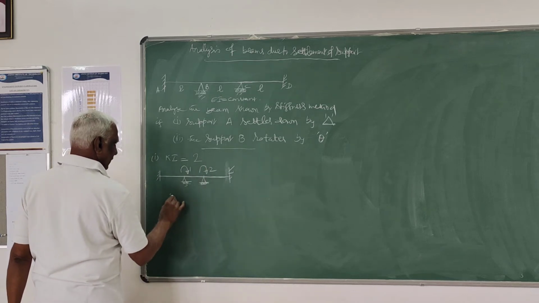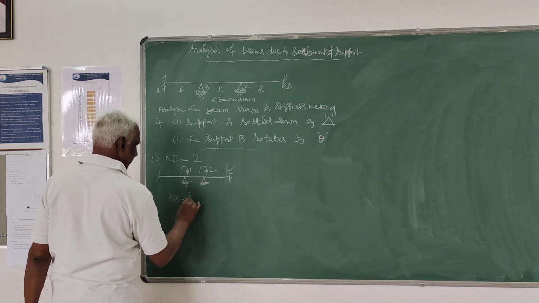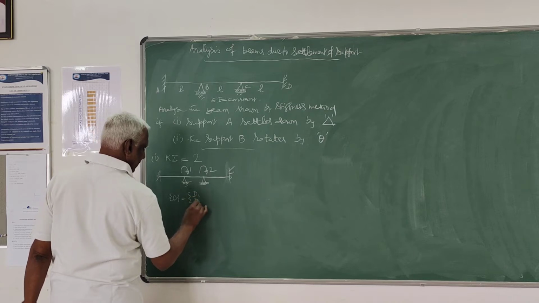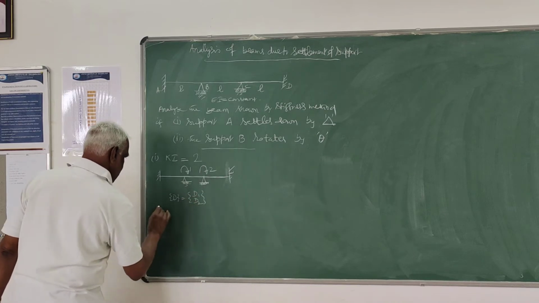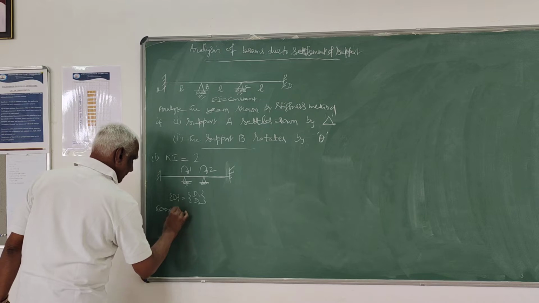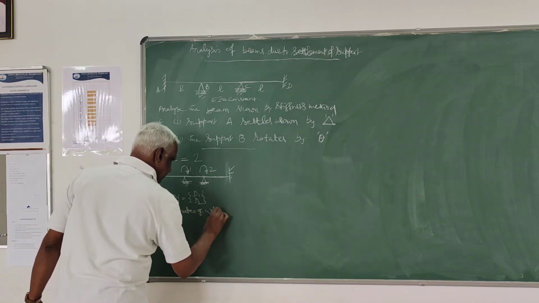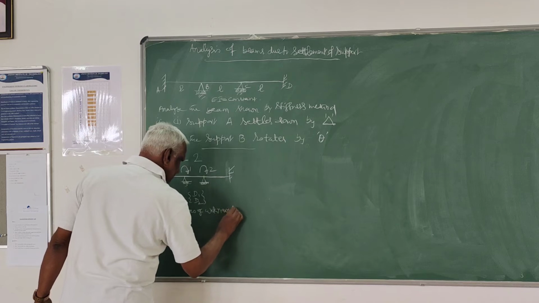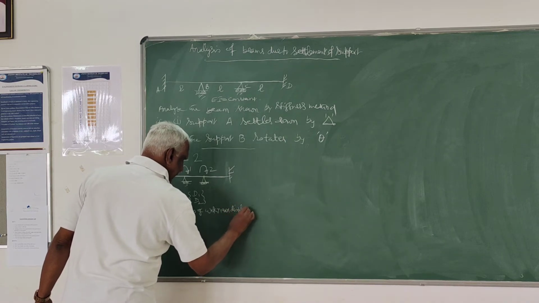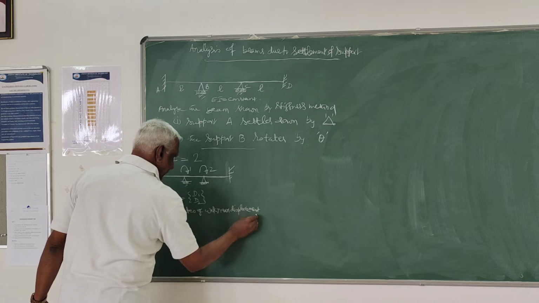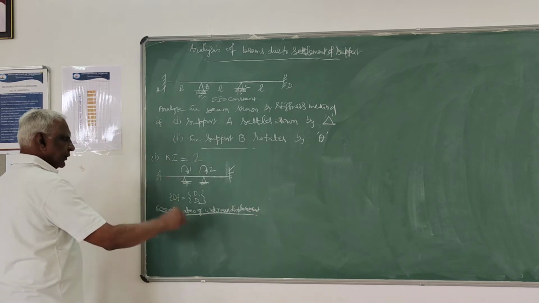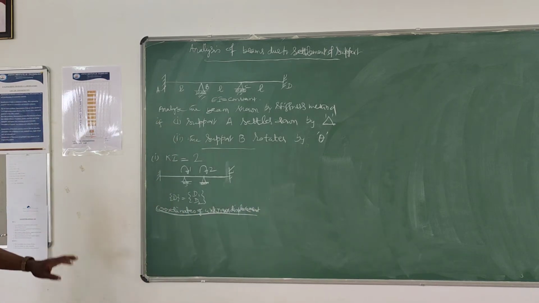So these unknown displacements are D1, D2. These are the coordinates of unknown displacement. That is kinematic indeterminacy, unknown displacement, which we have to determine during analysis.